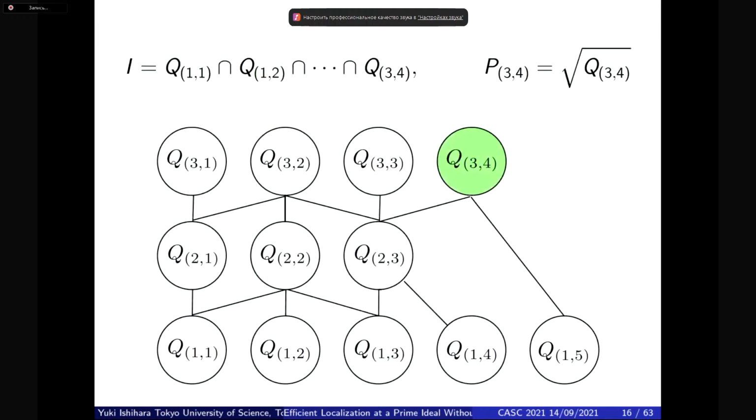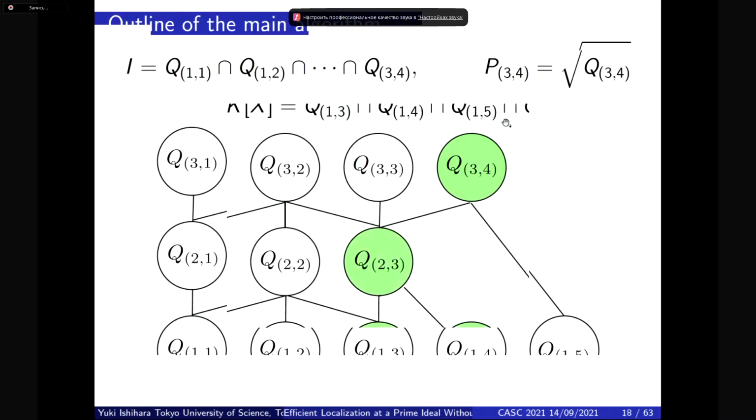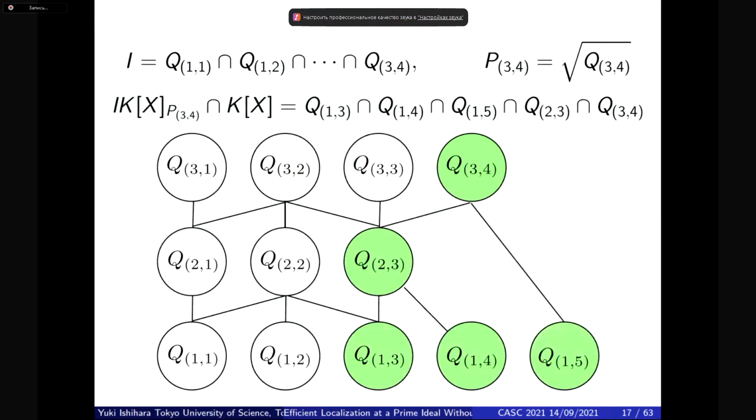So if we localize I at the prime ideal P34, which is the radical of Q34, the localization of I by P34 is just, yes, like this.